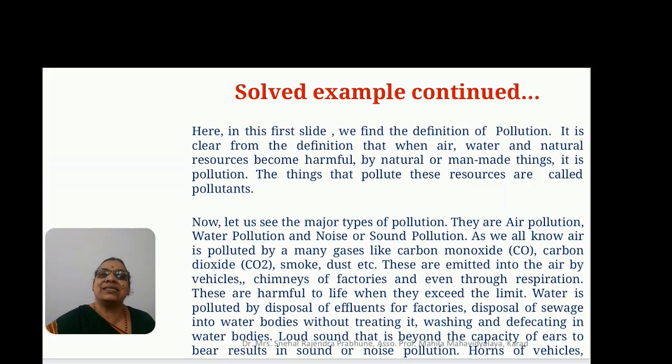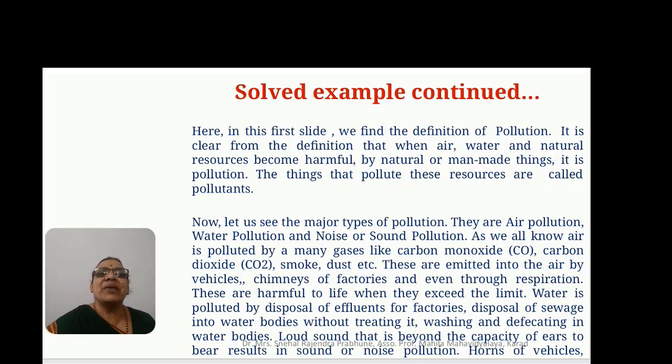Here, in the first slide, we find the definition of pollution. It is clear from the definition that when air, water and natural resources become harmful, by natural or man-made things, it is pollution. The things that pollute these resources are called pollutants.